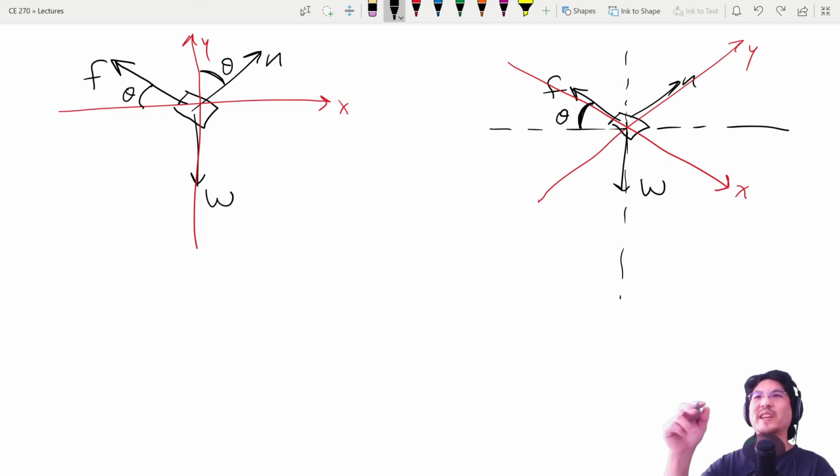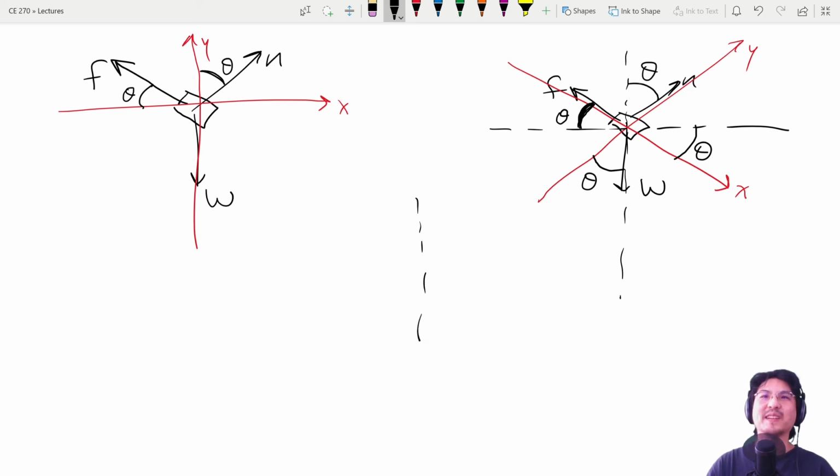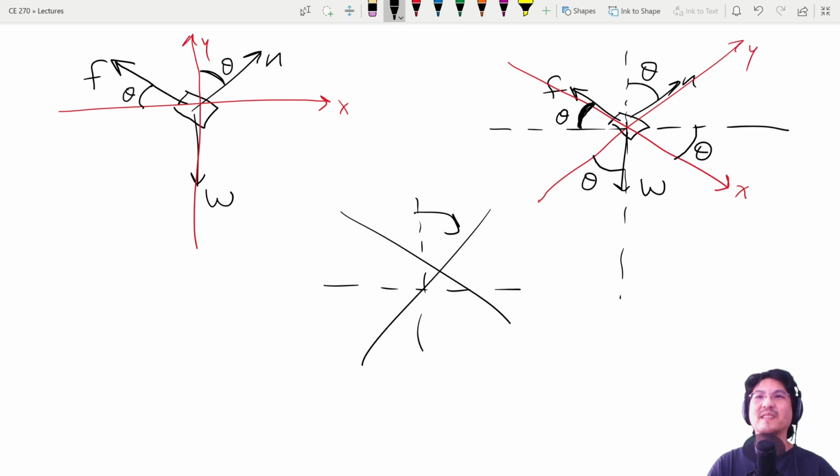Imagine just rotating the entire coordinate system clockwise. So from dash to the red solid line, it's theta, clockwise. So it's like you're taking an entire coordinate system and rotating it. So remember that strategy.